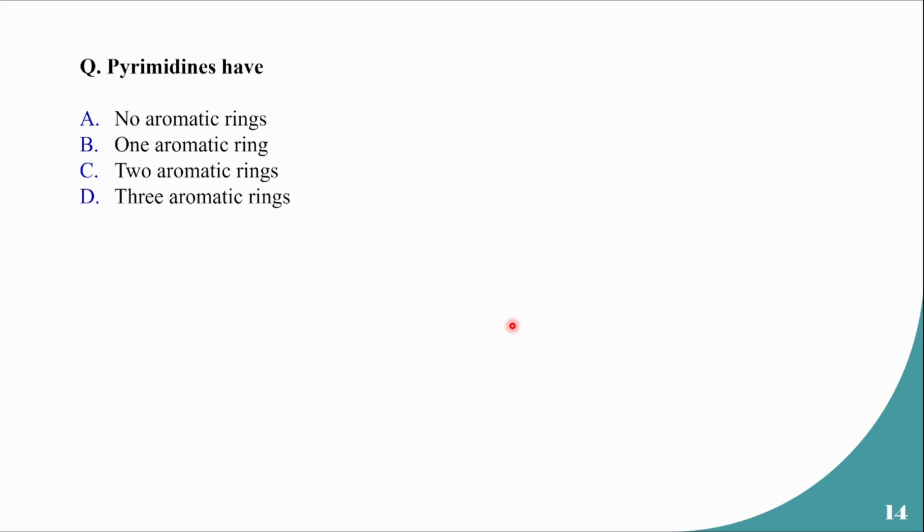Okay. So let's solve another one of these questions, which states: pyrimidines have how many aromatic rings? Do they have no aromatic ring, one aromatic ring, two aromatic rings, or three aromatic rings? Also try to answer in the chat.